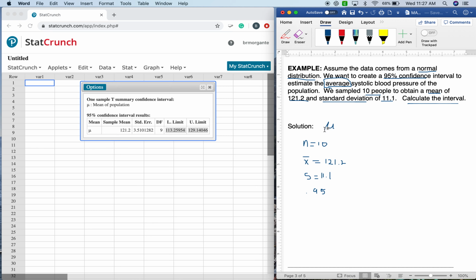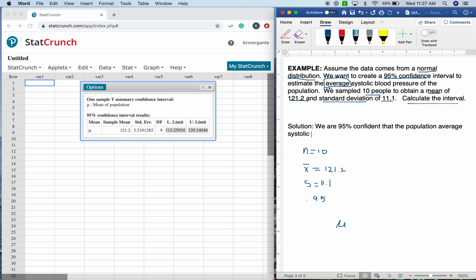So we are 95% confident, based on our confidence level, that the population average systolic blood pressure is between 113.3, rounding that up, and 129.1.